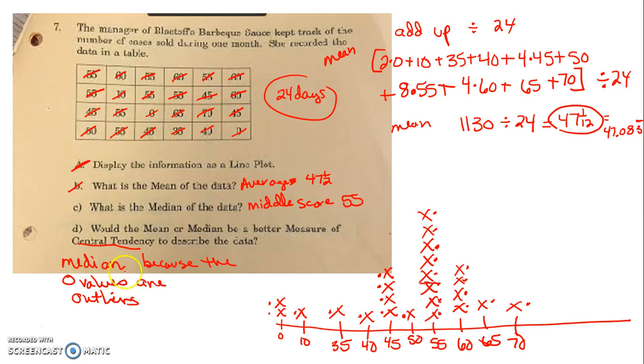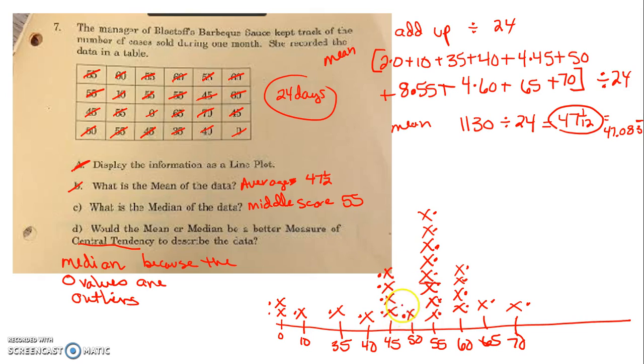And when you have outliers, you want to use the median, because those couple of low values drag the mean down too low. If you look at the average, what's happening is most of the data is up here in the 50s, mid 50s, low 50s, around 60. That's where most of the data occurs.